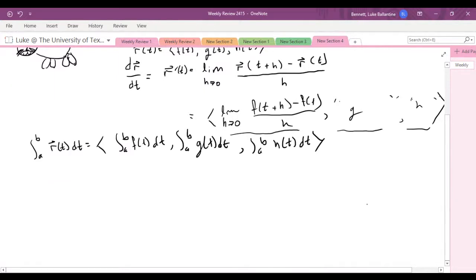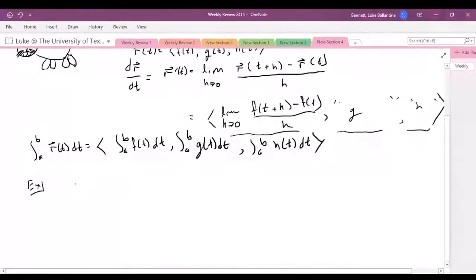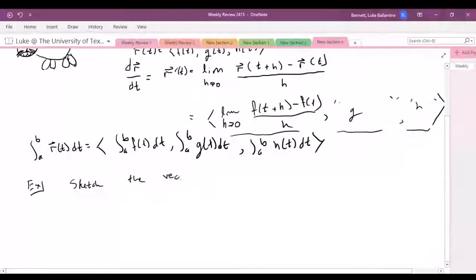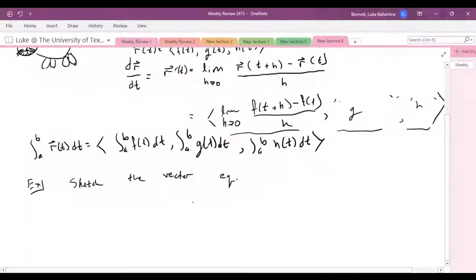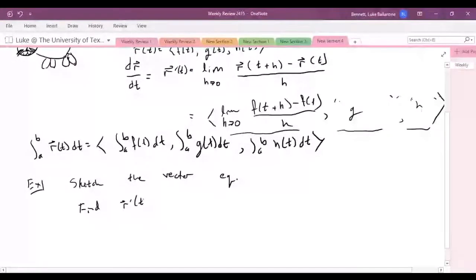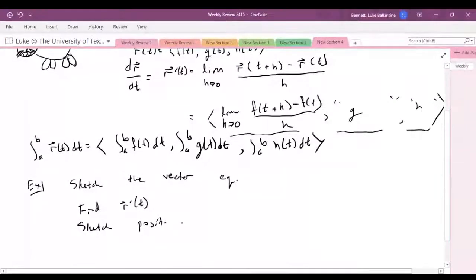So let's start with an example. Sketch the vector equation. Find r prime of t. And then sketch the position vector and tangent vector.